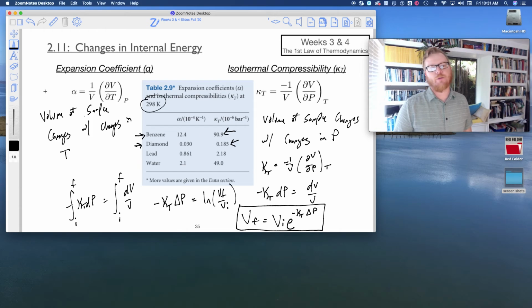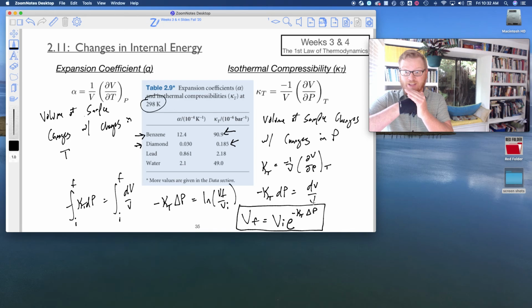And I can do the same thing for the expansion coefficient. And what you would find for things like benzene, I mean, we talk about these liquids and solids being incompressible fluids, right? Well, if you isothermally compress a sample of benzene with 1,000 atmospheres, so if I make delta P 1,000 atmospheres, you can noticeably compress that liquid.